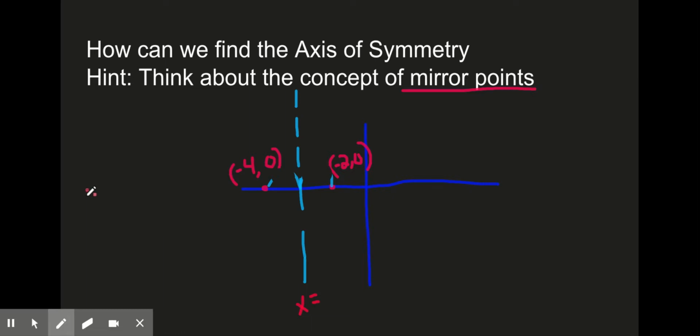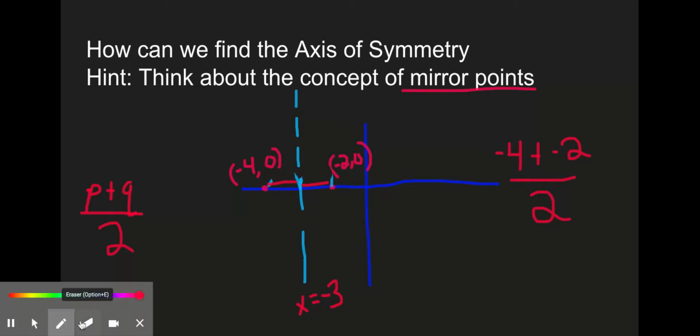So what I'm going to do is just add the p and q value and divide by 2. So adding negative 4 plus negative 2, dividing by 2, negative 6 divided by 2 is negative 3. Let's think about it. Does it make sense for this to be negative 3? Yeah, because that would be a distance of 1 and a distance of 1.